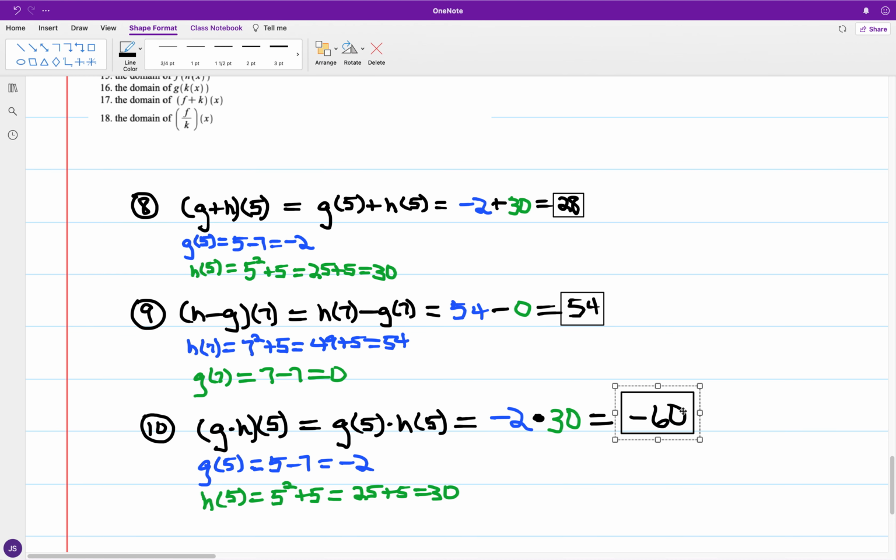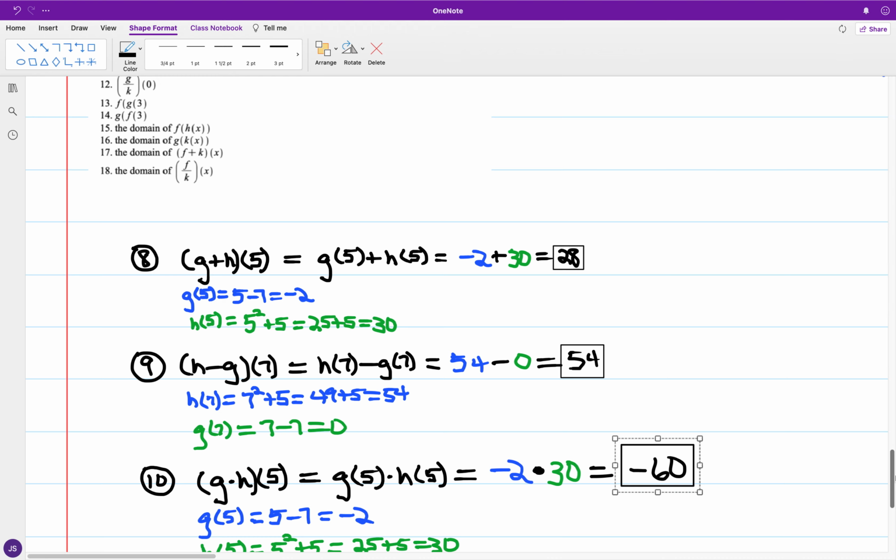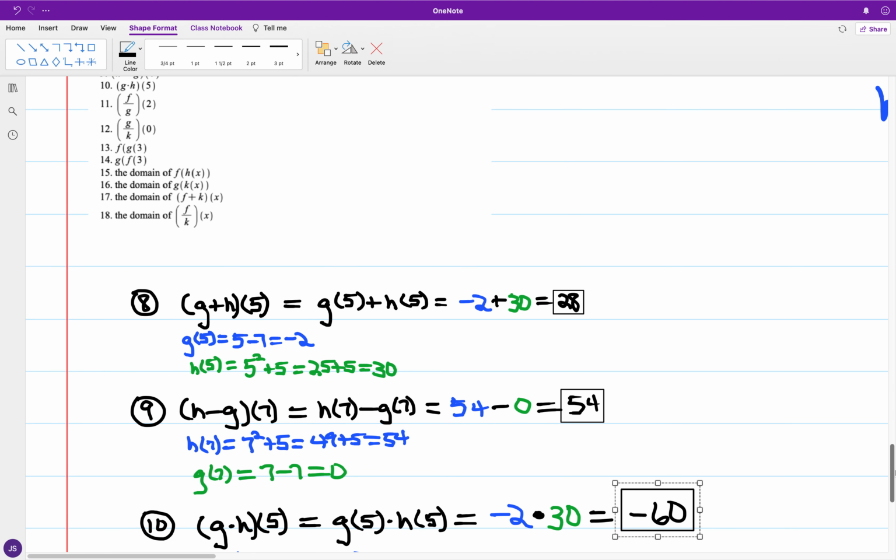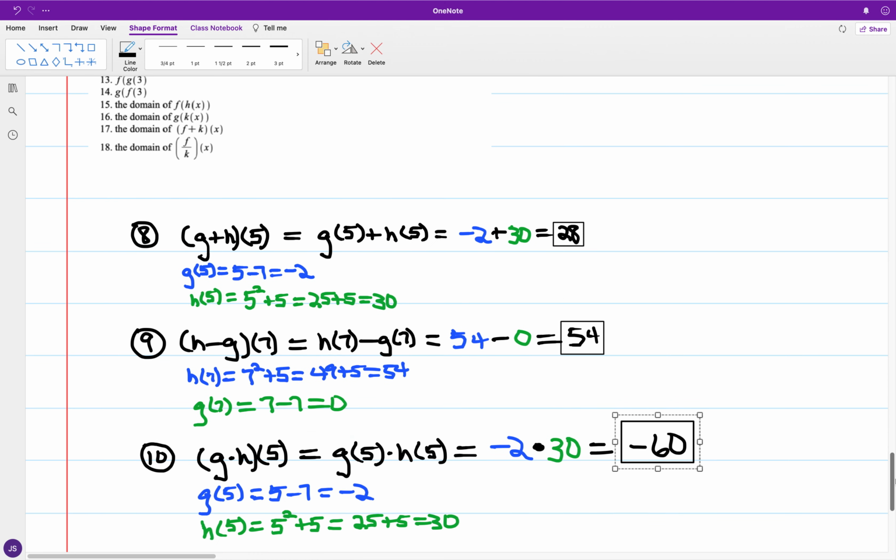Now looking at the next portion, we're looking at the involvement of the function f.